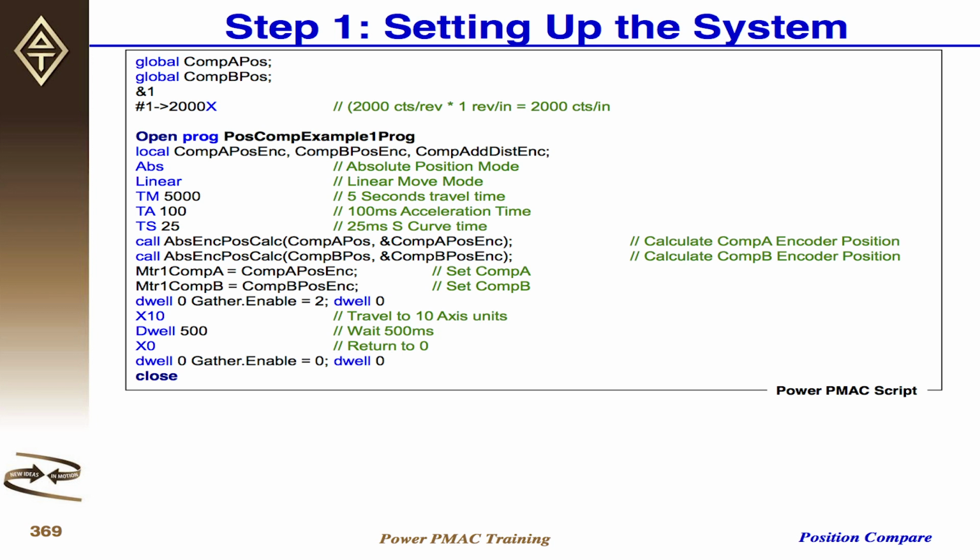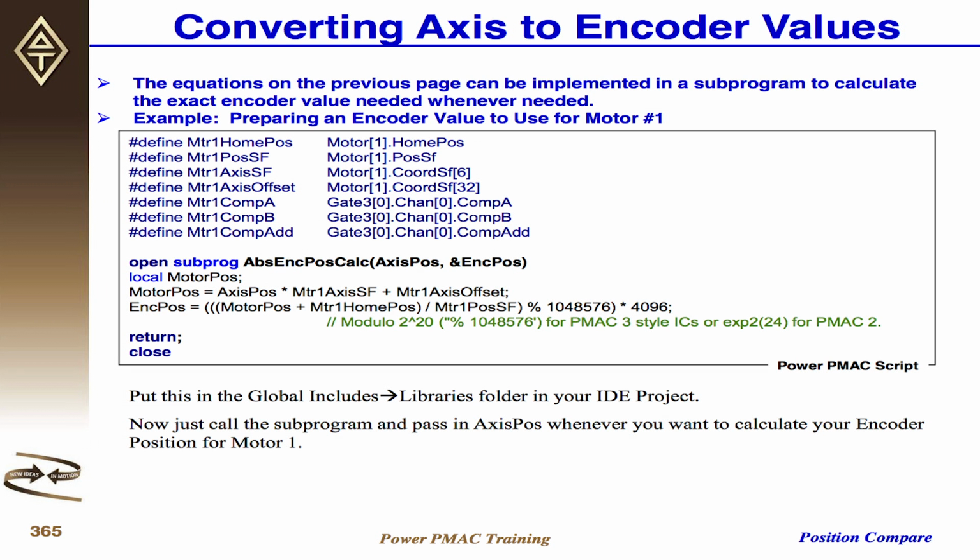So we're just going to pass the value of CompA pause into that subprogram, and we'll get back a result that is stored in CompA pause encoder, which here we're setting equal to motor 1 CompA. Going back to the subprogram, we see that it was written such that it accepts an input and gives an output.